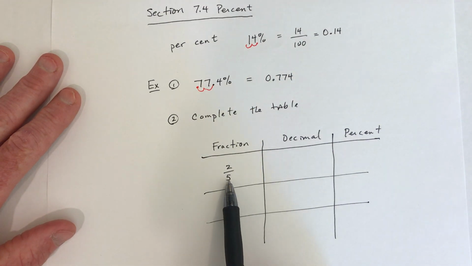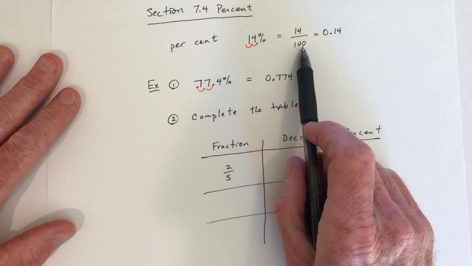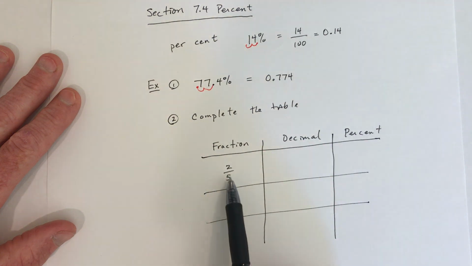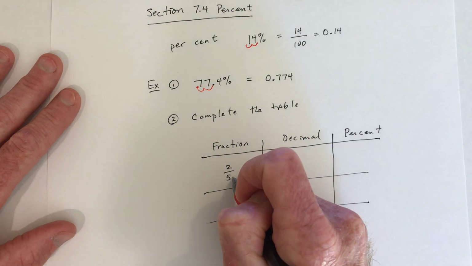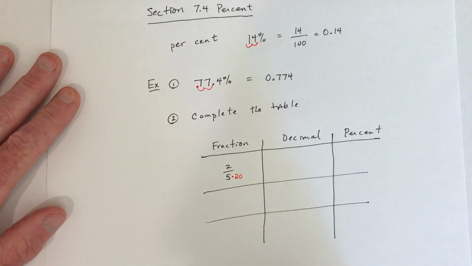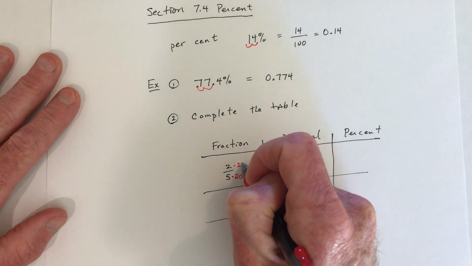So for 2/5, because it's easiest if this is per 100, based on that word, how do you get this to be 100? If you multiply the bottom by 20, then 5 times 20 will be 100. But if you multiply the bottom by 20, you need to multiply the top by 20.